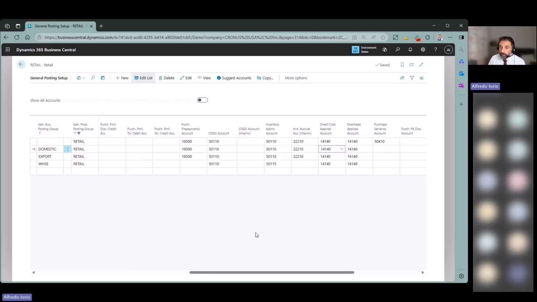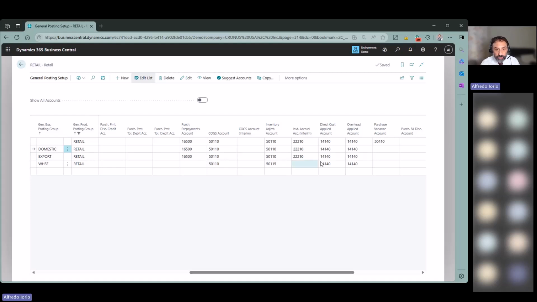There is no difference in any of the general ledger accounts that will be used when we post transactions for retail items, whether we use domestic customers or export customers.